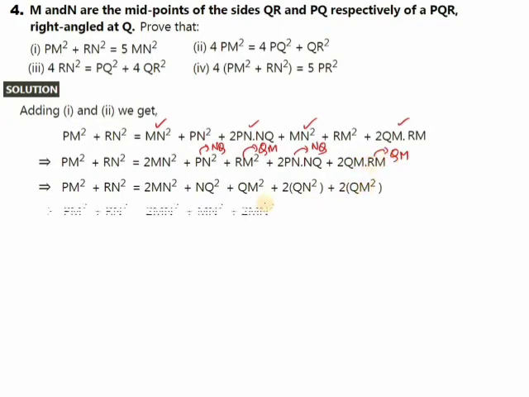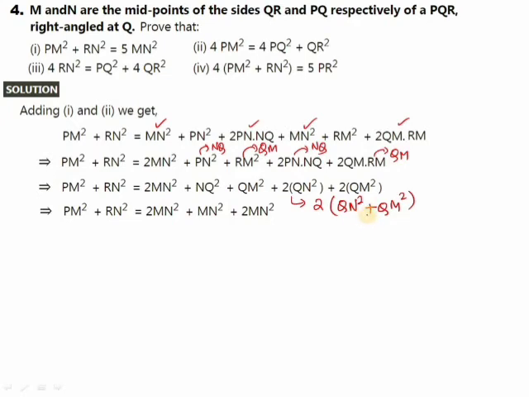Okay, so therefore if you see here carefully, what do we have? First and foremost you can take 2 common. If you take 2 common, then from here you get 2 into QN square plus QM square. Now all of you know QN square plus QM square is how much? It is MN square.